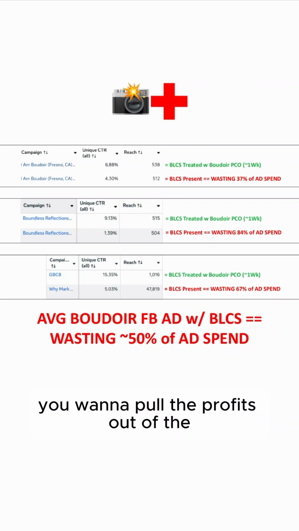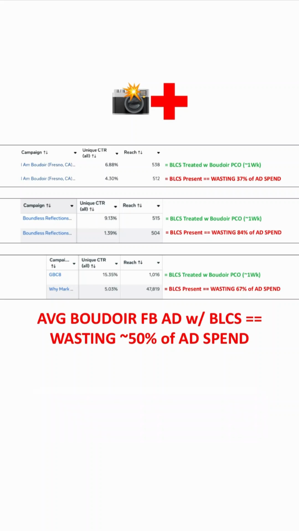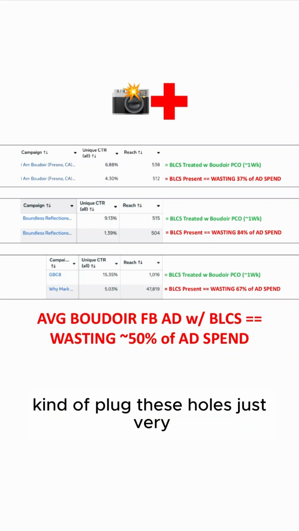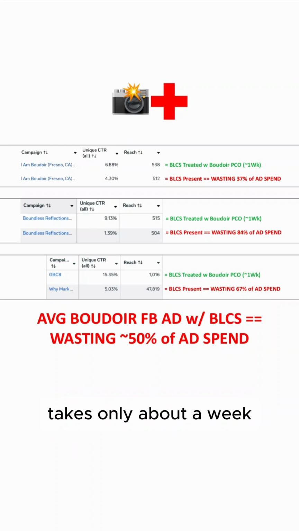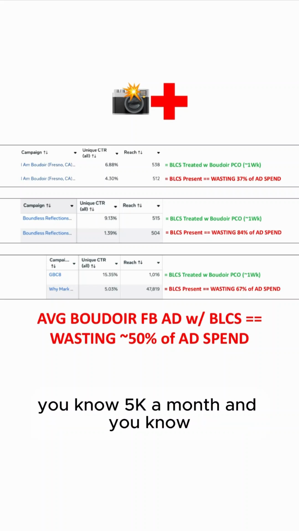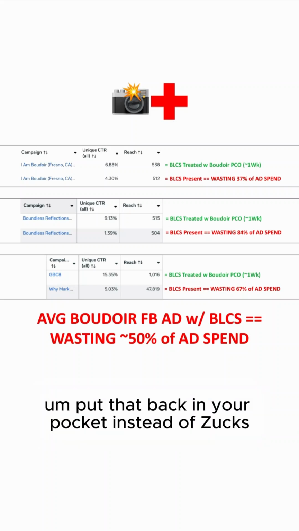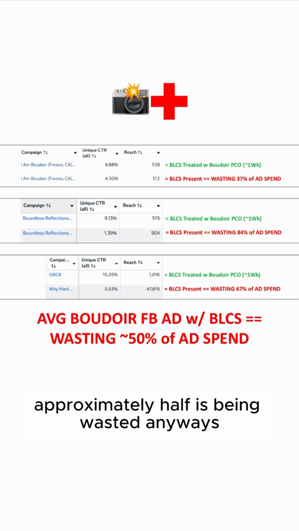You want to pull the profits out of your Facebook ad part of your business, plug these holes, which is very quick, takes only about a week. And you're seeing we can eliminate approximately 5K a month, approximately 50%, in wasted Boudoir Facebook ad spend. Put that back in your pocket instead of Zuck's, because we already know approximately half is being wasted anyway right now.